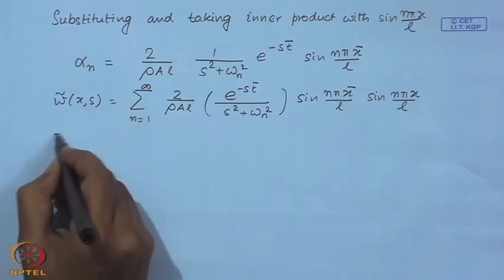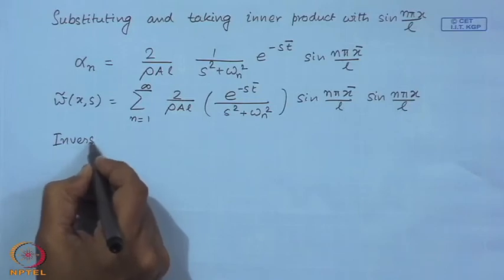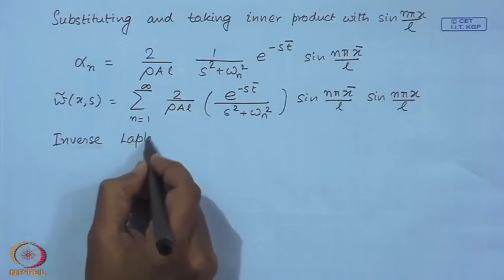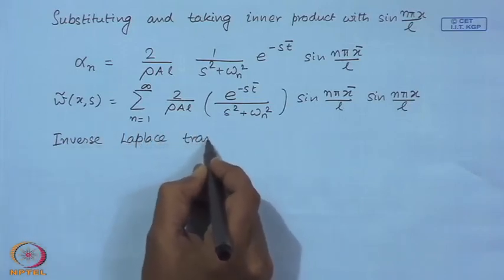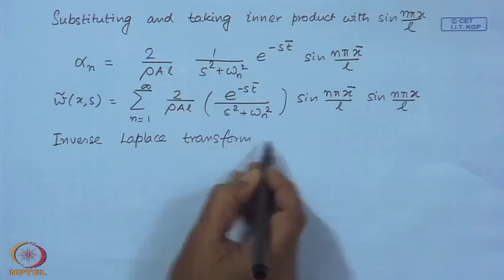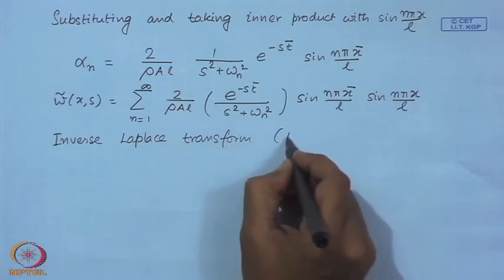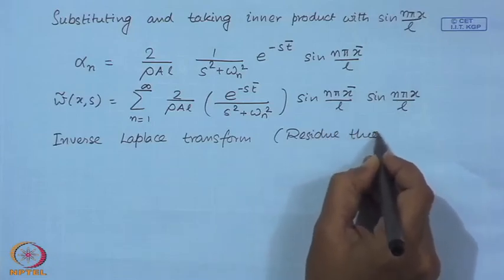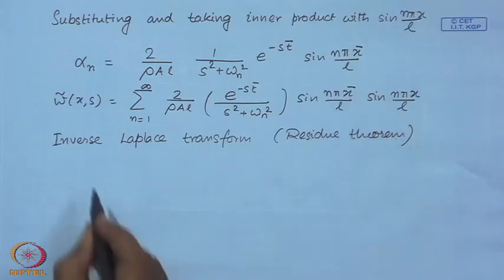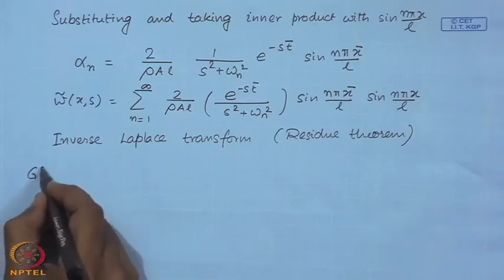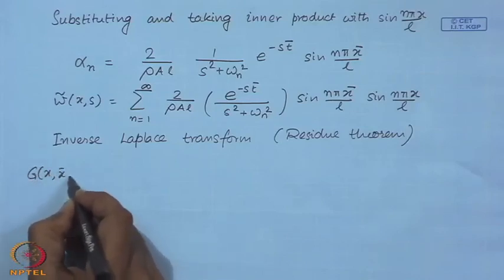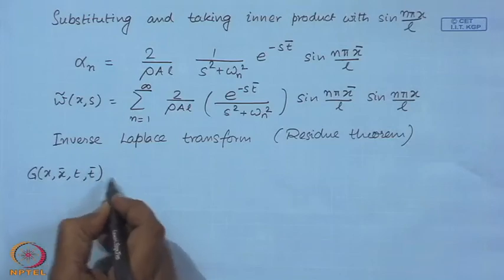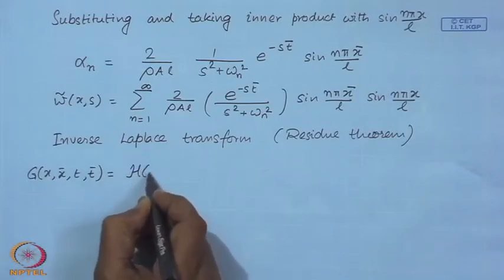Now, we have to take the inverse Laplace transform, which can be done by the residue theorem, and the final solution. These are simple steps. I will write the final solution.